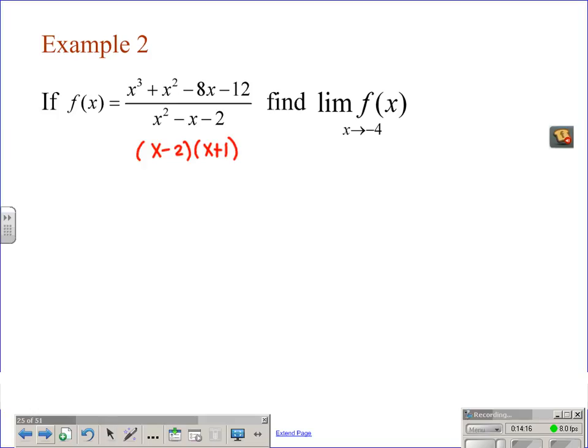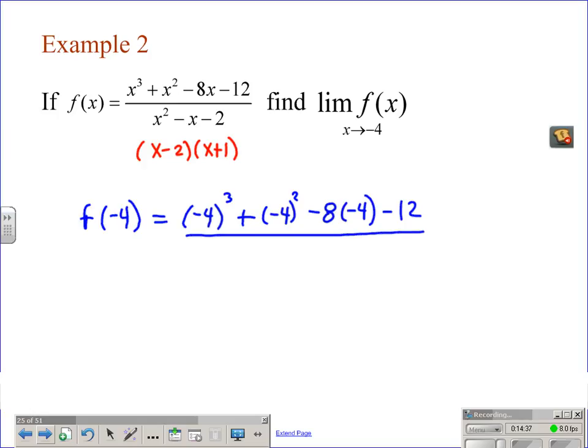So all I need to do here is just plug in that value and find out what f of negative 4 is. So if I find f of negative 4, I'm going to get negative 4 cubed, and we simplify to negative 28 over 18, which is going to simplify to negative 14 over 9.